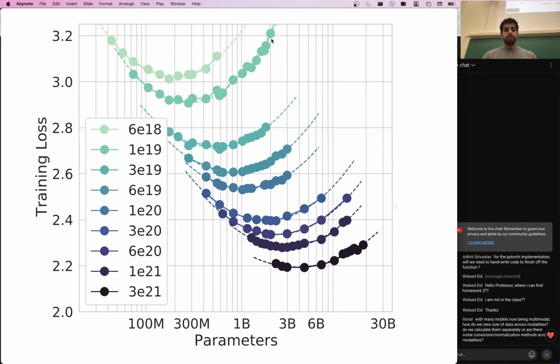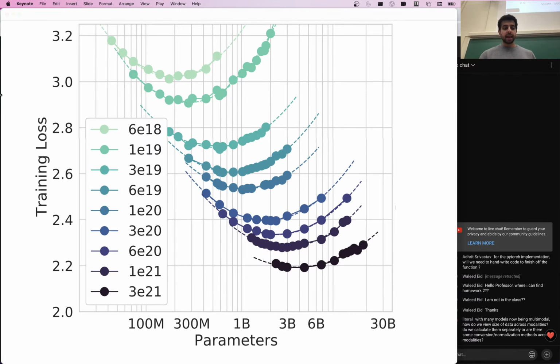In fact, the optimum model is always somewhere in the middle, right? So for each compute budget, you pick a model size somewhere in the middle and a data set size somewhere in the middle, and that's where you get the lowest test loss.